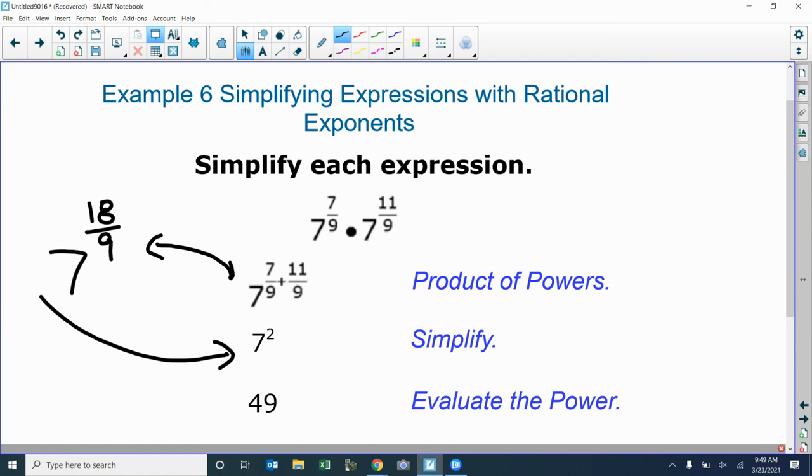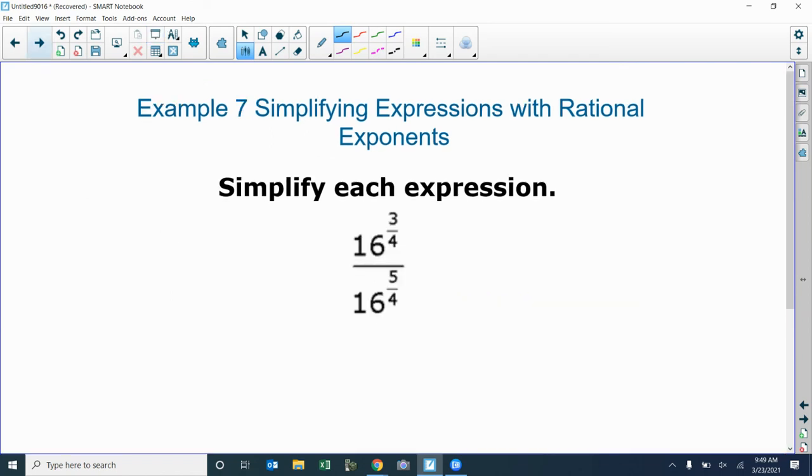Questions there? All right, take a shot at one. There's a division that's going to be 16 to the 3/4 minus 5/4. We're going to bring it up, see if you can simplify that on out. Negative exponents are not allowed. You're going to have to do something with that.